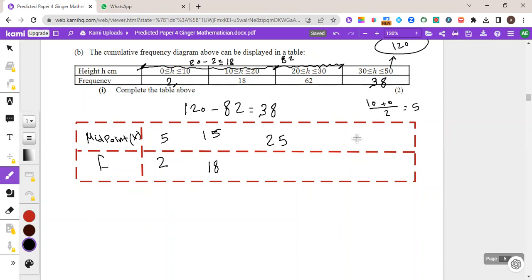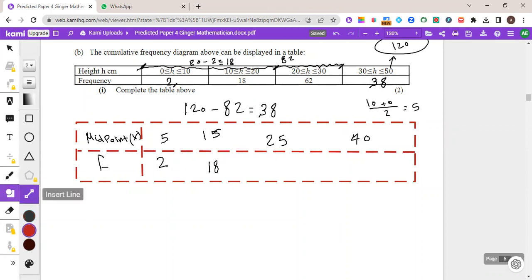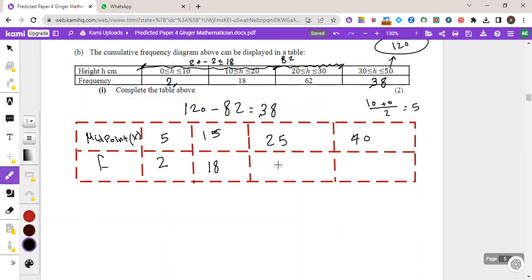And the last one 40. So here 25, 62 and here 38.